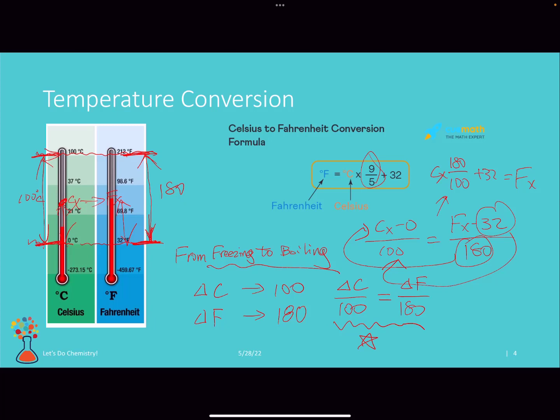If you simplify this, you get this equivalent to this, and 32 is this. So this is how the equation we can find online comes from.